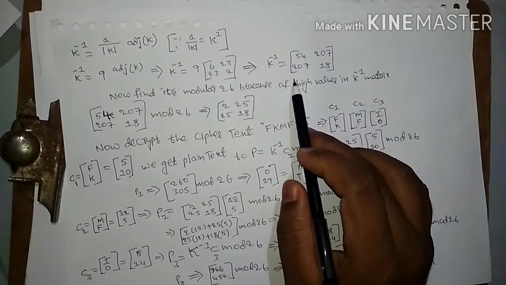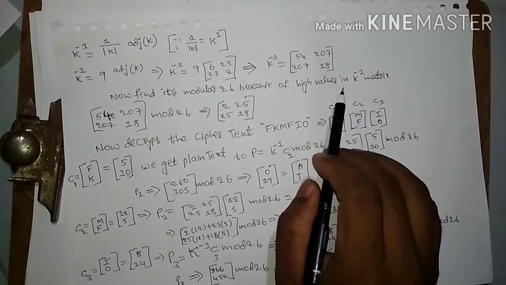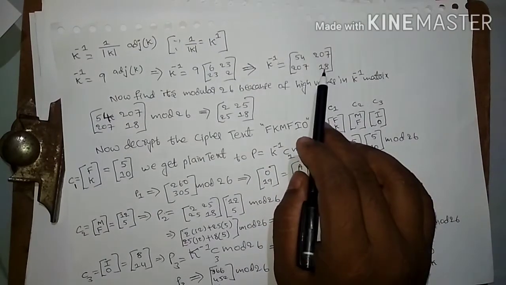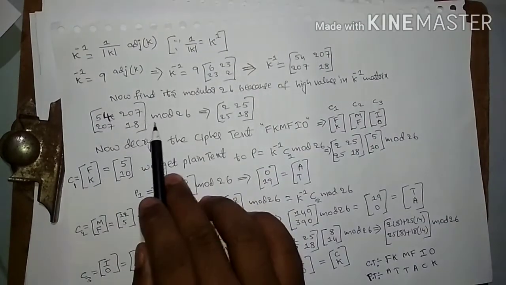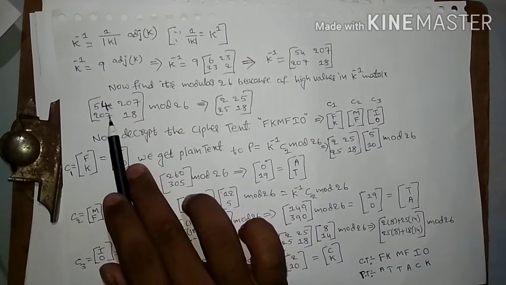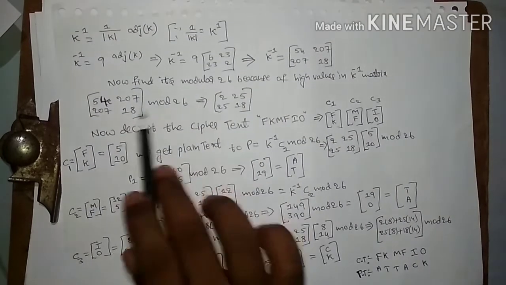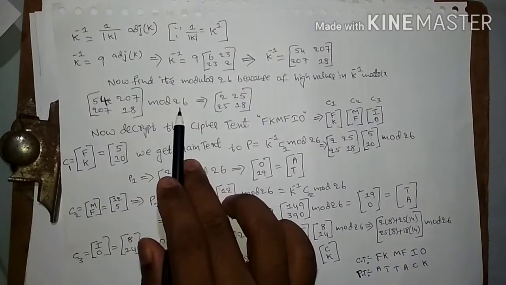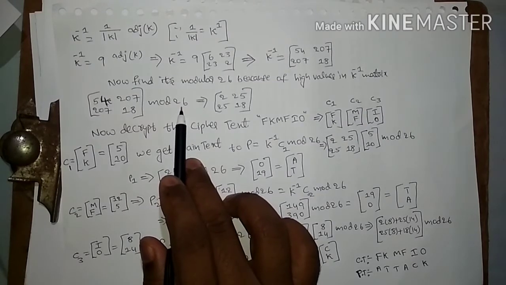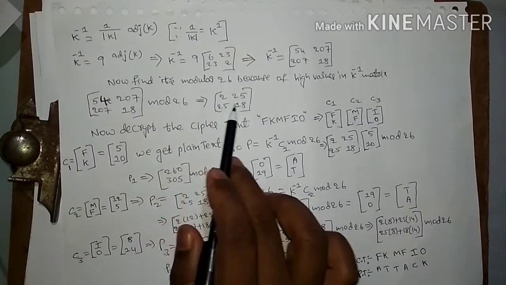So let's find their modulo 26, because the values in the k inverse matrix are very high. After finding modulo 26: 54 mod 26 means 26 into 2 is 52, remainder 2. Next 207, 26 into 8 maybe, the value is 25.